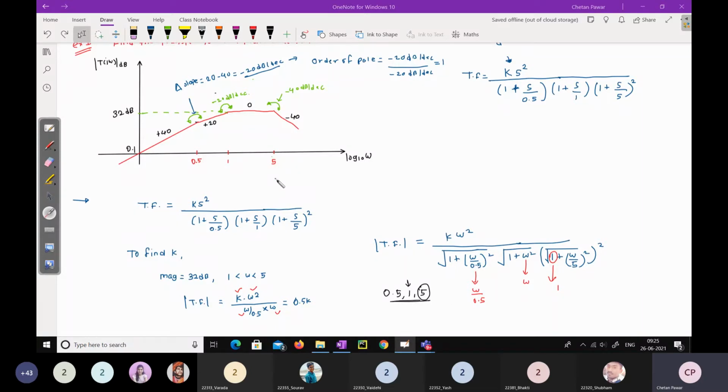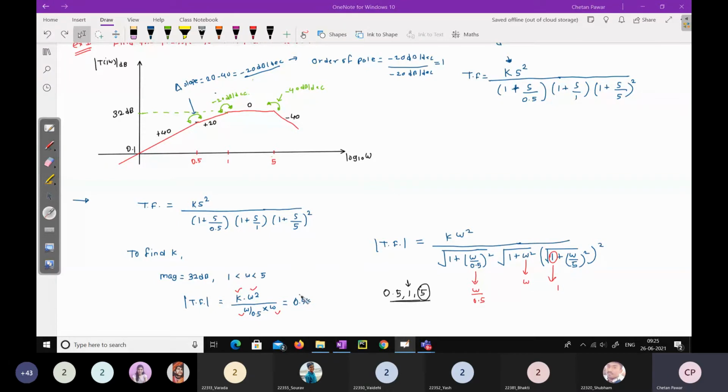Now 1 and 0.5 are equal to or less than this particular corner frequency. From the magnitude part of those terms, I have taken omega by 0.5 and omega, because we need to take the square root of the inside term only.